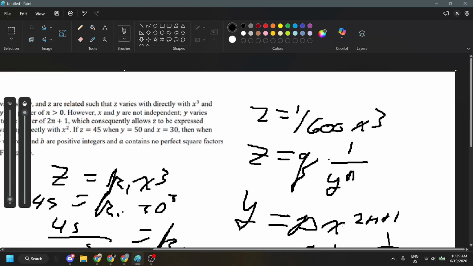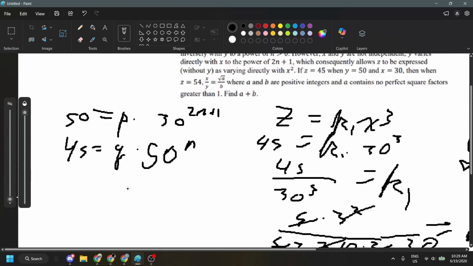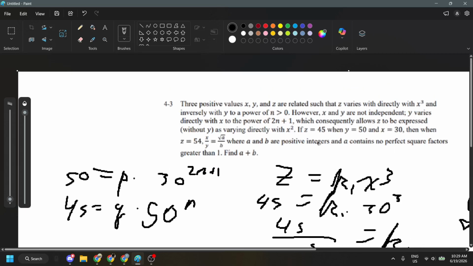That just makes no sense. And how does z directly relate with x cubed and x squared?